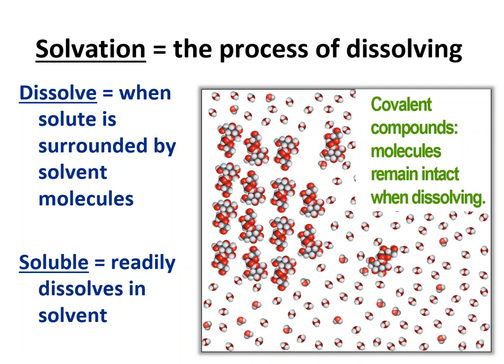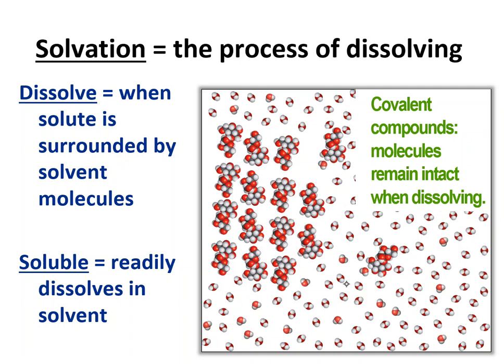And so this is what it might look like for a covalent compound. These molecules could be sugar or something. These little ones are water. But this is what a solid looks like. You have a bunch of molecules that look alike, that are kind of close, stuck together. And this is big enough that you would see it. It would reflect light.